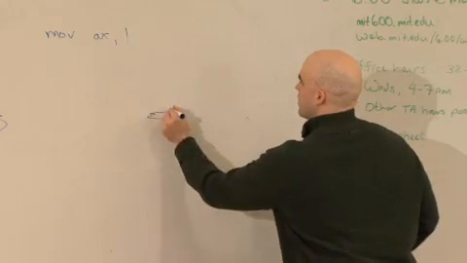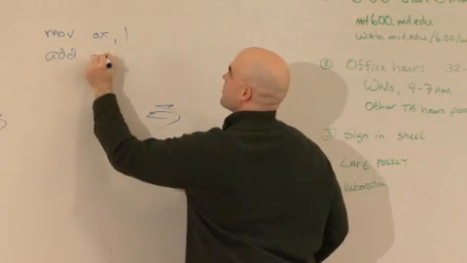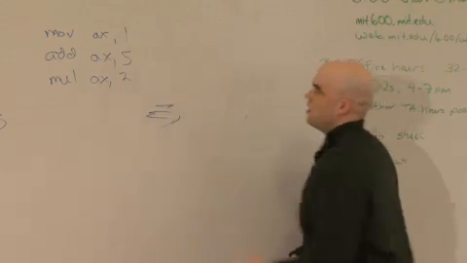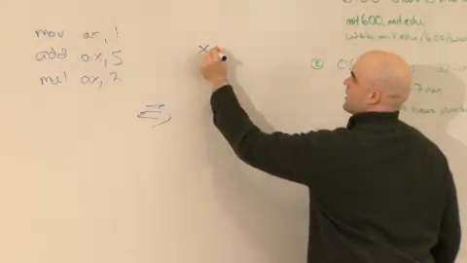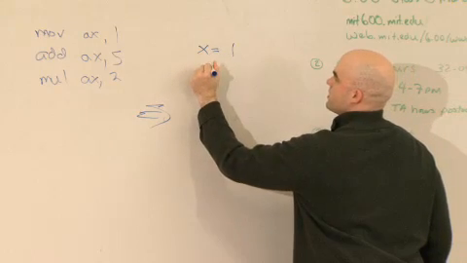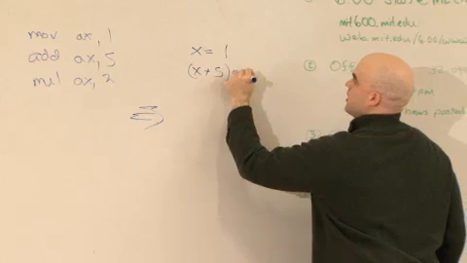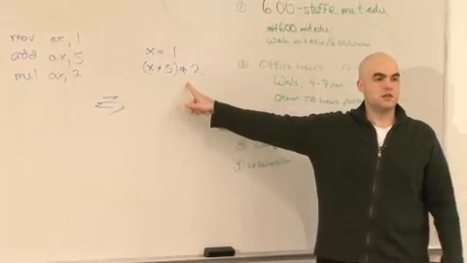So we move into, say, x is equal to 1, and I'm going to add x plus 5, and then multiply by 2. This is a lot easier for us to understand.